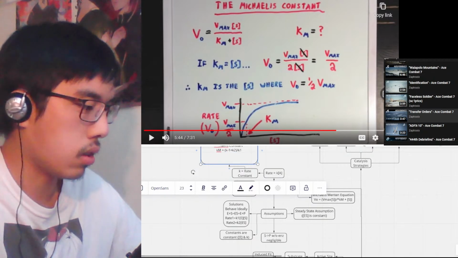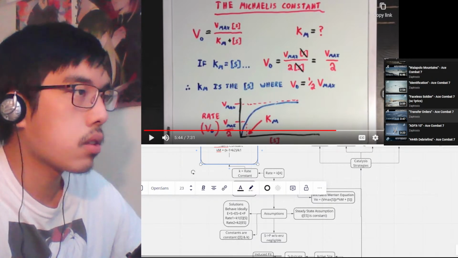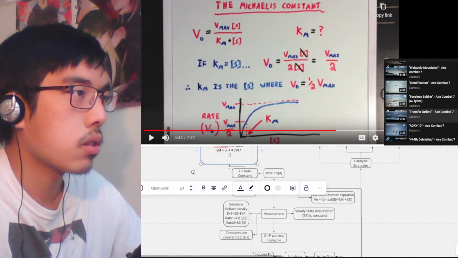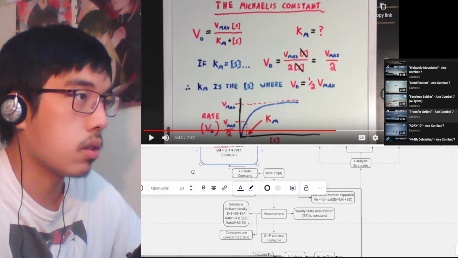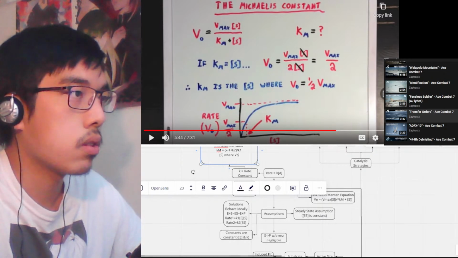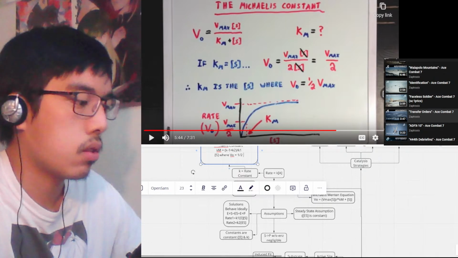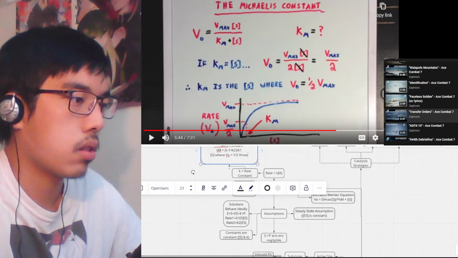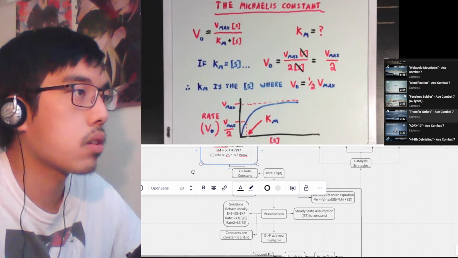Technical definition is where the substrate concentration is where V0 is equal to 1/2 Vmax. Alright, excellent.